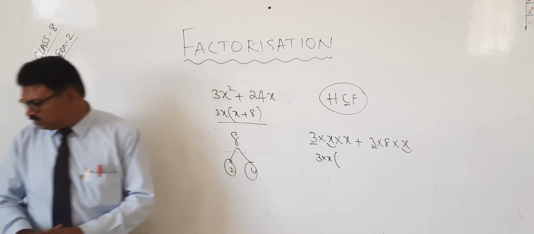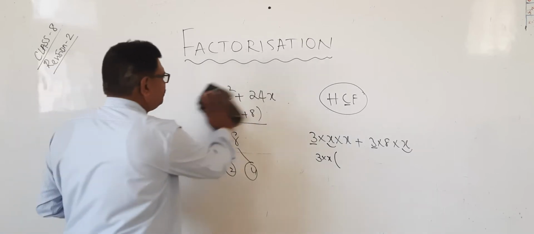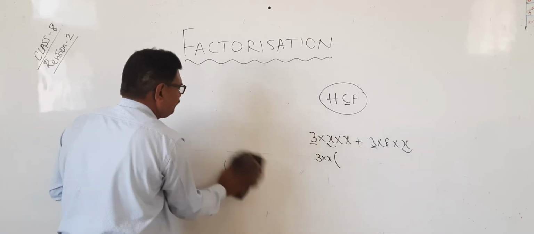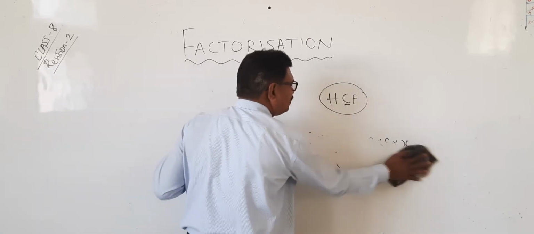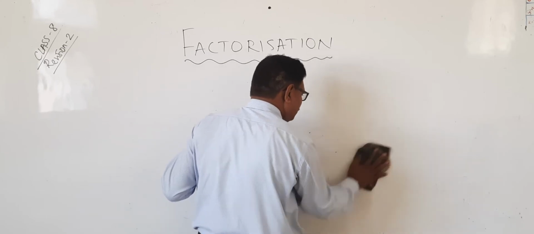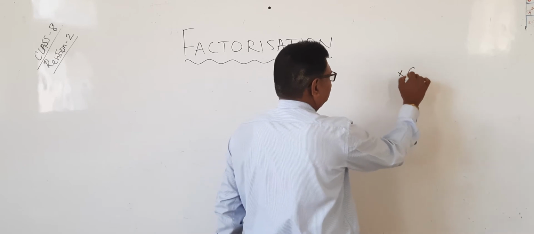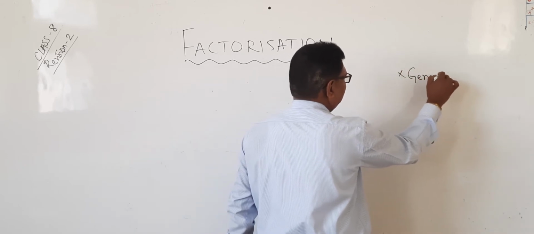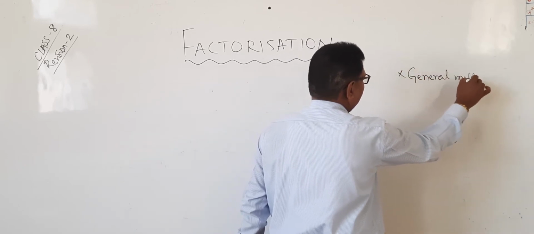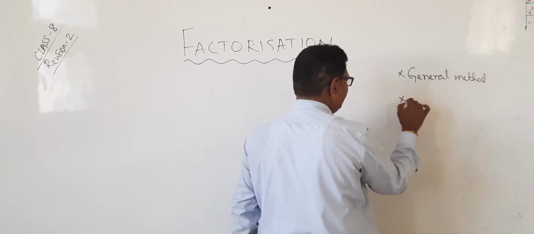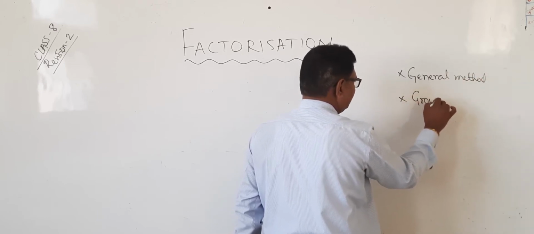Understood? So here in this factorization we have 3 types of factorization. One is the general method. Second one, grouping method.